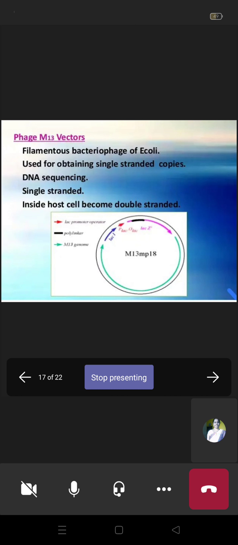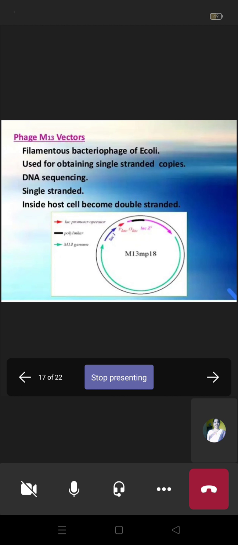This has been used to construct the M13 series of vectors by inserting a polylinker or lacZ peptide sequence into this region. This enables the X-gal screening system to be used for the detection of recombinants, as is the case with the pUC plasmids, when the M13 is grown in a bacterial lawn.